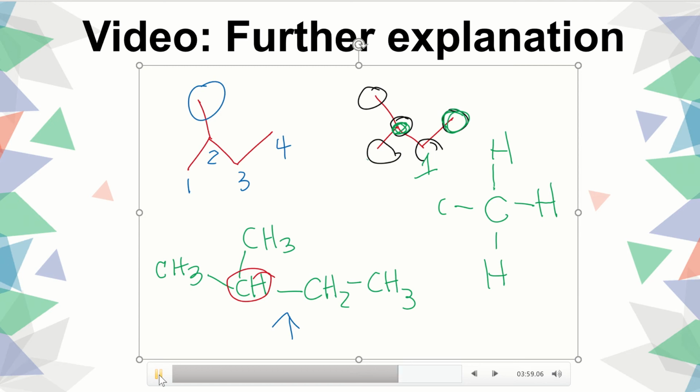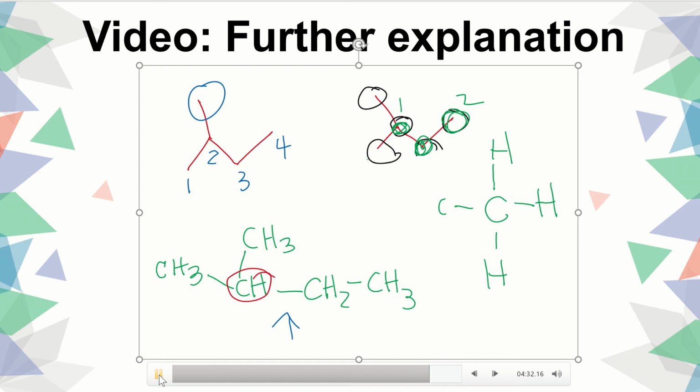Let's look at another carbon, this one. How many carbon atoms are attached to that carbon atom there? If you answered 2, then you are correct. If we have 2 carbons attached to that carbon, how many hydrogens therefore are attached to it?